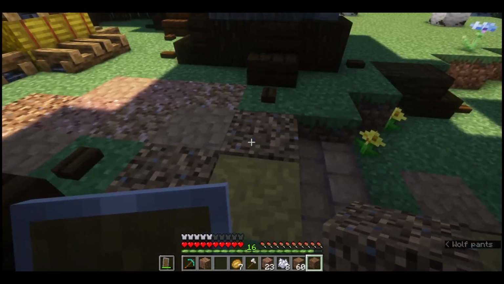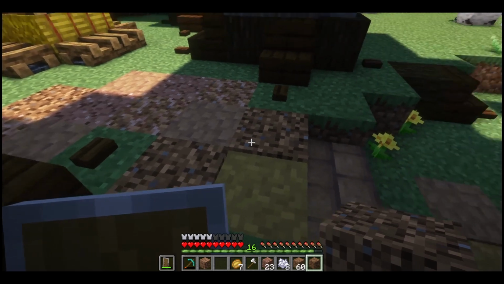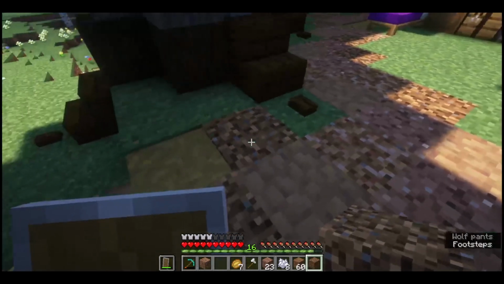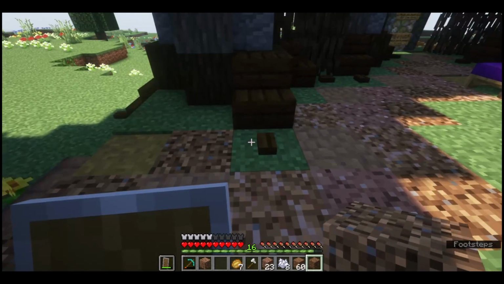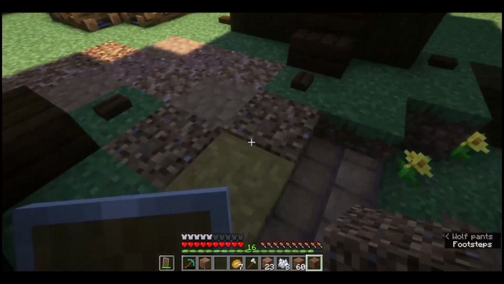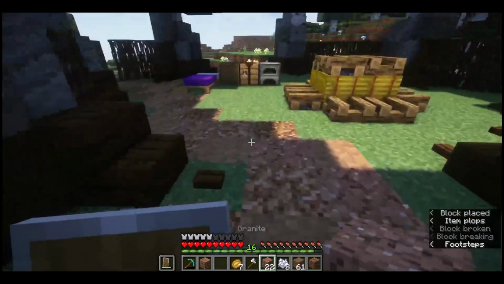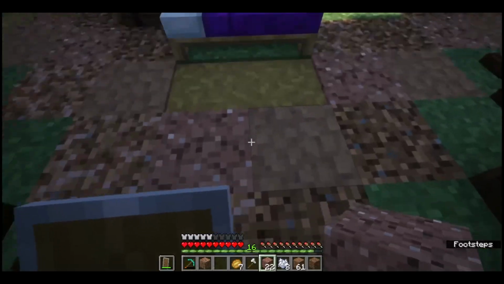So, now we've got coarse dirt here, because we couldn't put it there. And we couldn't put rooted dirt here because of this. So, I think we're just gonna put some granite. And then that is the path for this almost done.